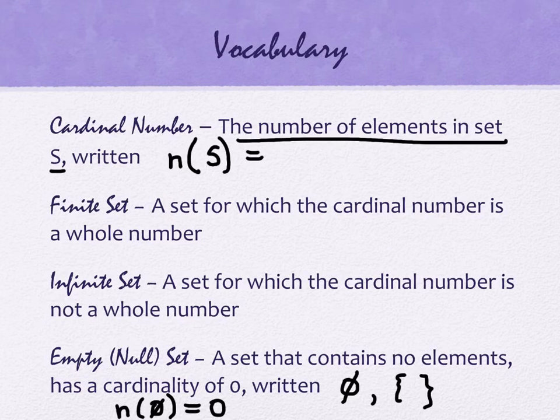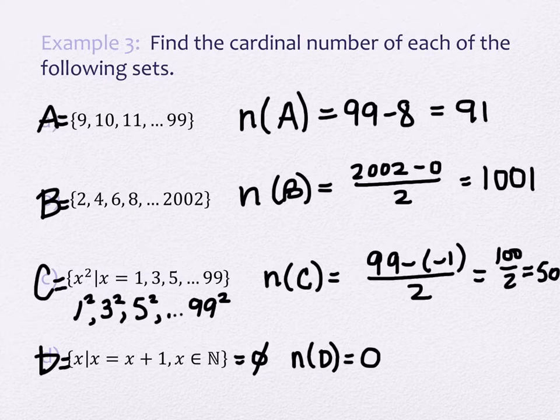And we had looked at the phrase cardinal number, meaning the number of items in a set. We talked about finite, infinite, and we had a lot of fun with the empty or null set, right? We had, I think, monsters in my son's closet this semester. And then we had left off on talking about how to find cardinal numbers, that is, to count the items that are in a set, and these were the examples that we had.